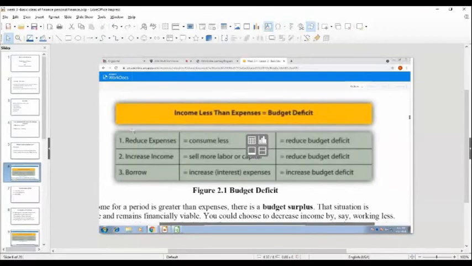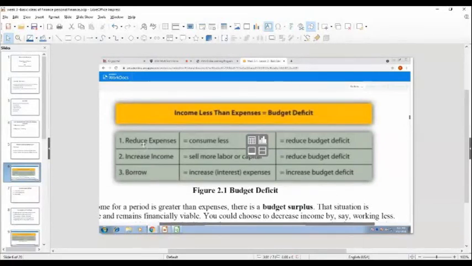One is to reduce expenses. Okay, and another one, increase income. But if you are not successful under these two options, you may resort to borrowing.